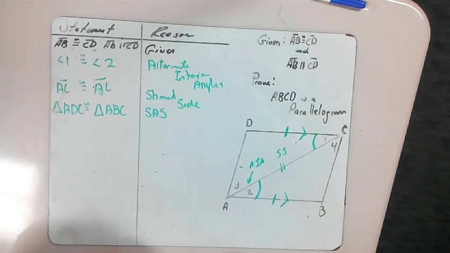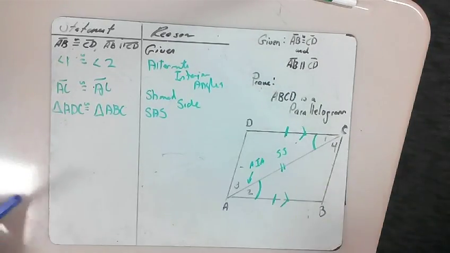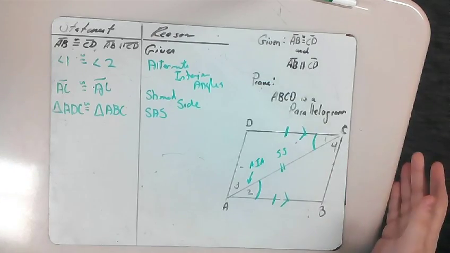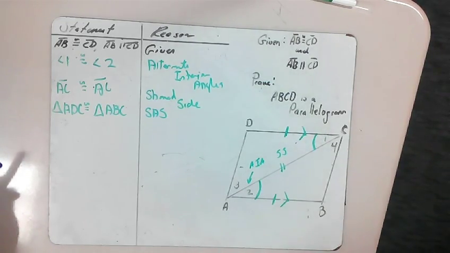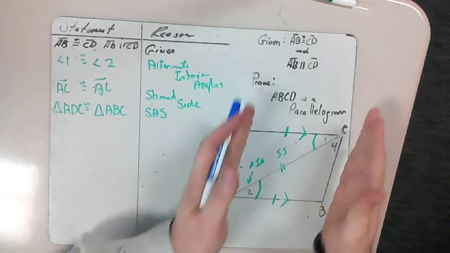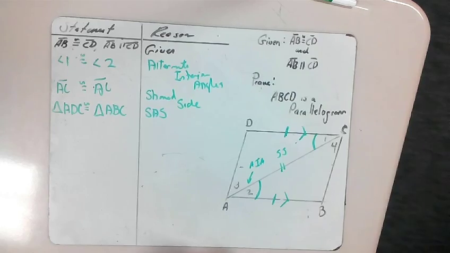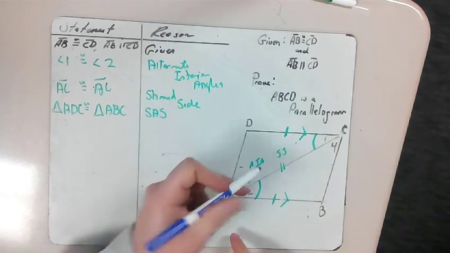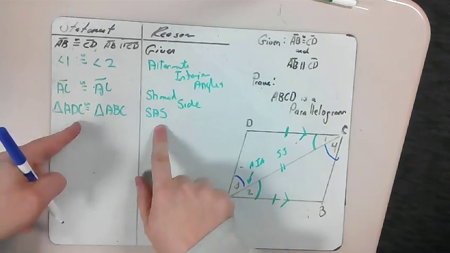Now what I need to do is prove that this is a parallelogram. Before, I stated that if we have alternate interior angles going all the way around, I know that opposite sides are congruent. Notice I only marked these, because I don't have the parallel lines here. I can mark them off now because of this.